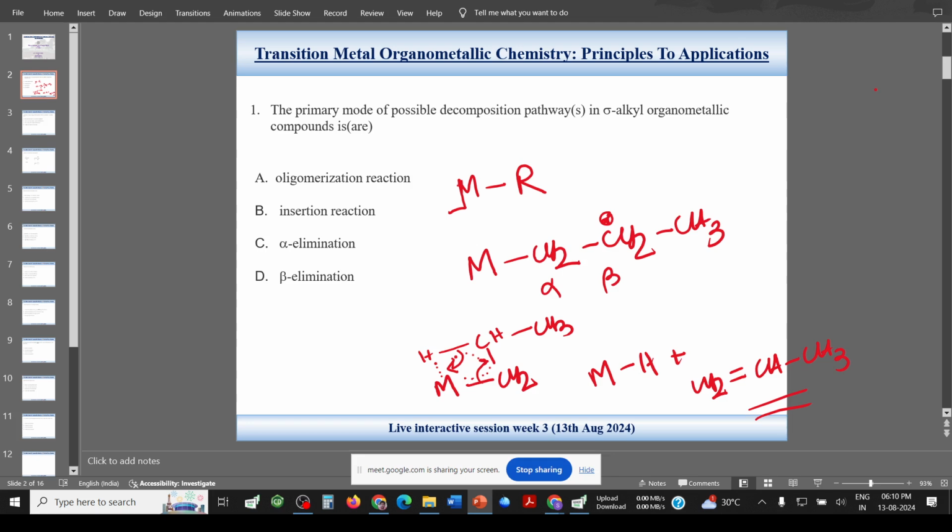So the common or primary mode of decomposition pathway for the sigma alkyl complexes is the beta elimination. So here our option B will be the correct answer.